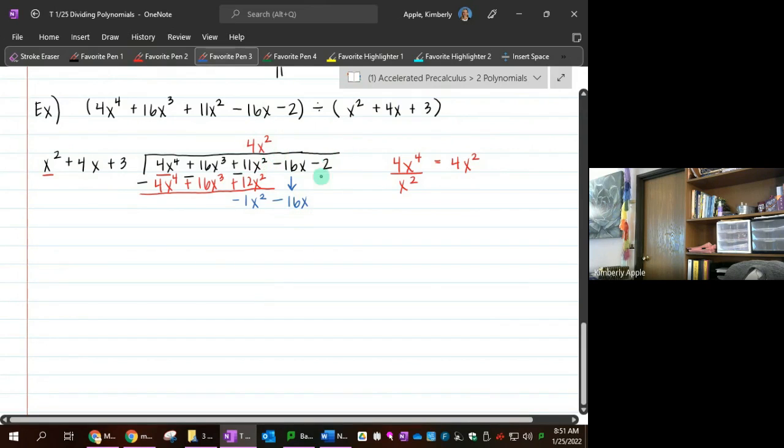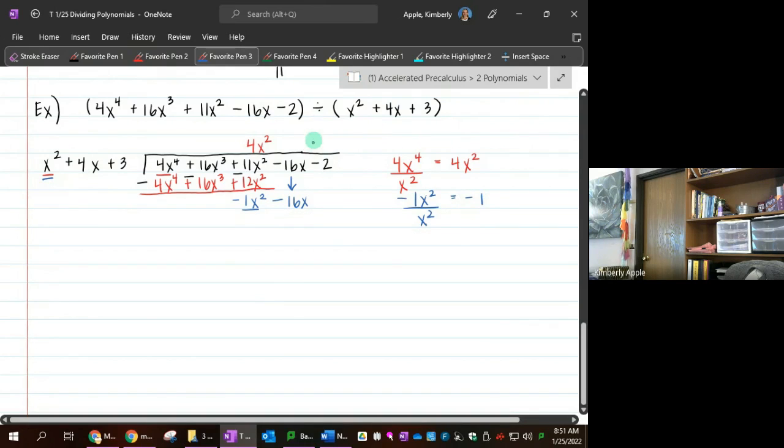All right. So let me look at it again. I need to divide first by first now. Okay. So let's do that again. That'll be negative 1x squared divided by x squared. Well, this is just negative 1. We put a placeholder in there.